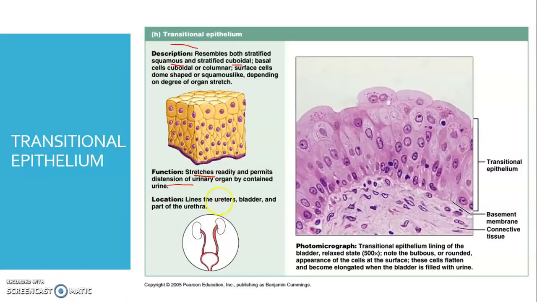It can be found at the ureters, the bladder, and some part of the urethra. That's why the bladder can hold a lot of urine volume, and once we have urinated, it goes back to normal size. That's what it is used for: stretching.